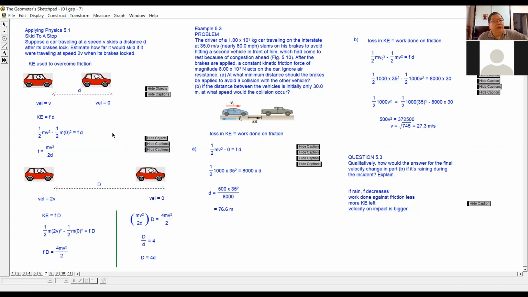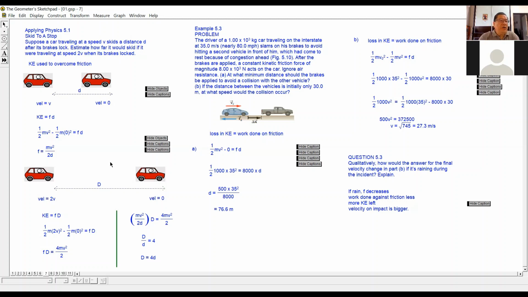Now, in the second case, when the car is traveling with a velocity of 2v, how much is the distance covered before it comes to a rest? We assume the frictional force is the same, the kinetic friction between the tires and the road.